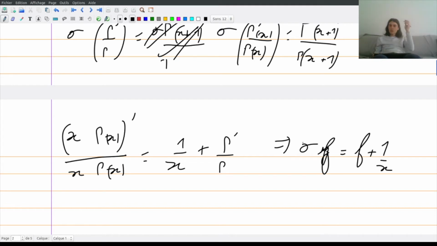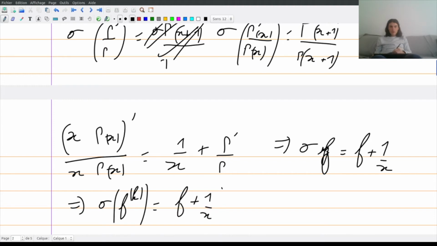So we have transformed a rank 1 equation into an affine equation. And we can differentiate both sides, and we find that for the k-th derivative of f, we just have to differentiate k times.